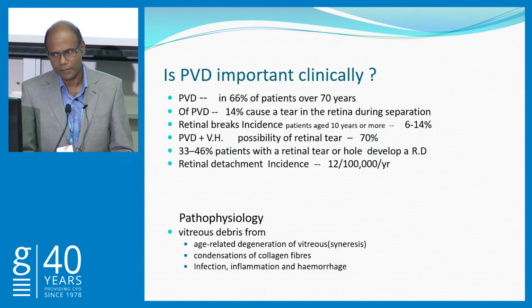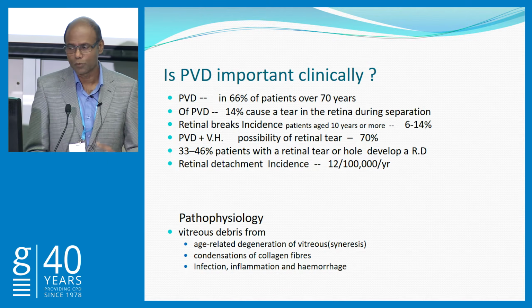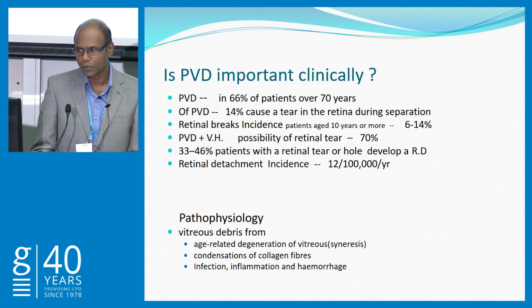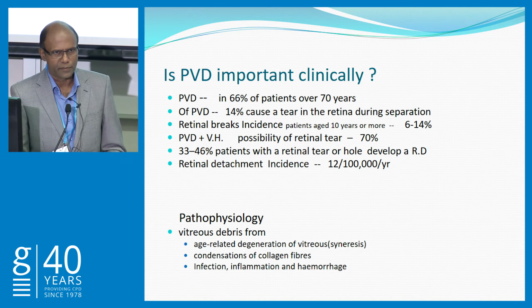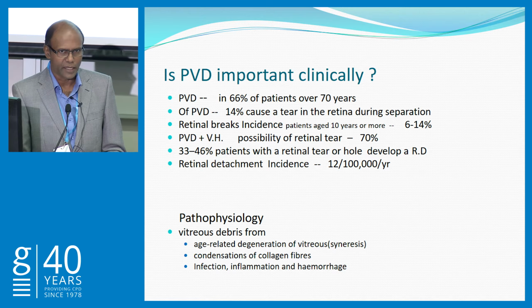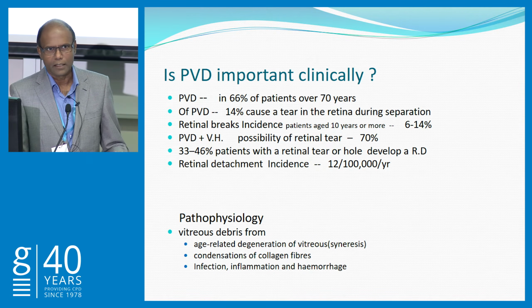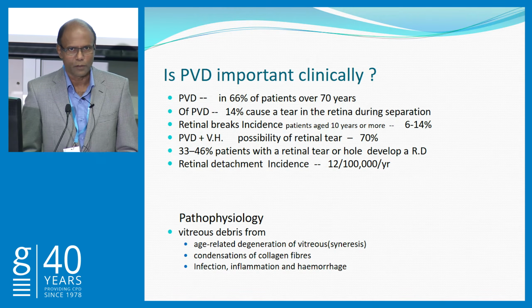That shows there's a hemorrhage associated, so that gives more chance, and that has to go a bit earlier. And retinal detachment is not a common condition. If you look at the incidence, either 12 per 100,000 or 1 per 10,000, you can call it that way, right?